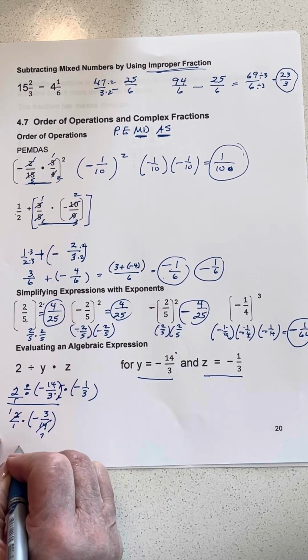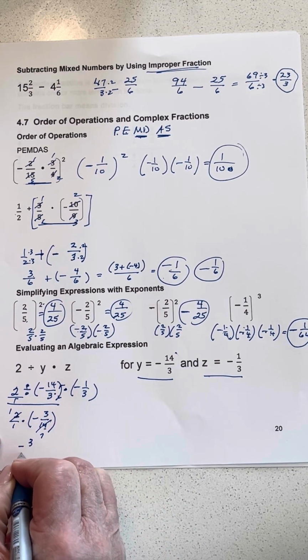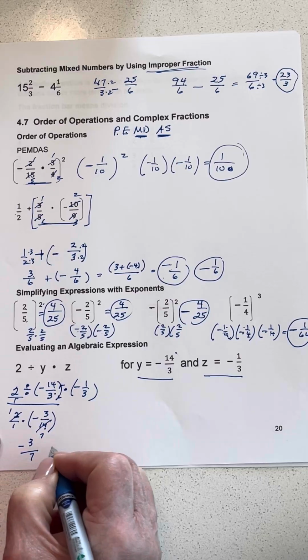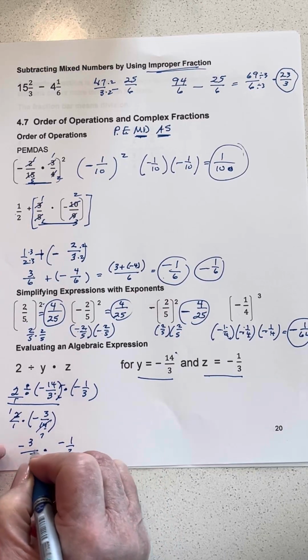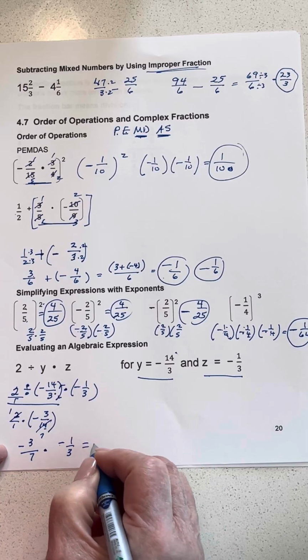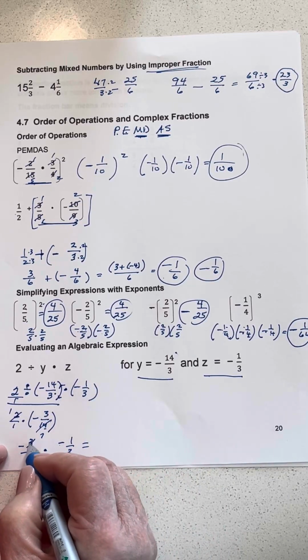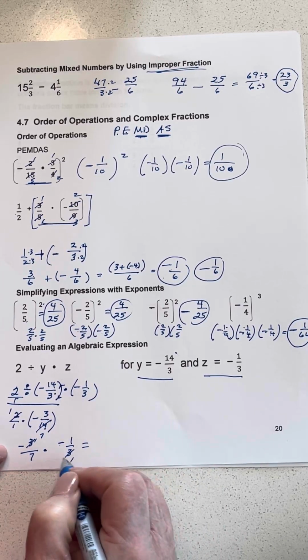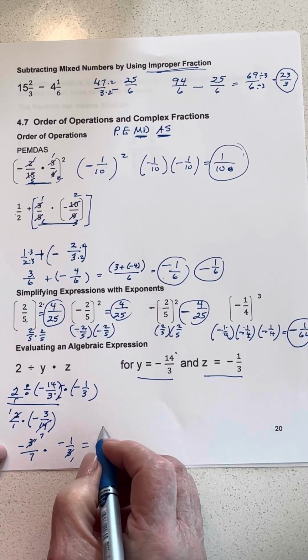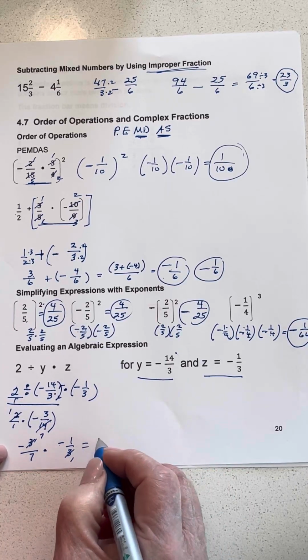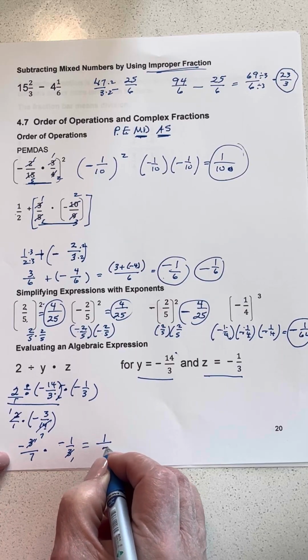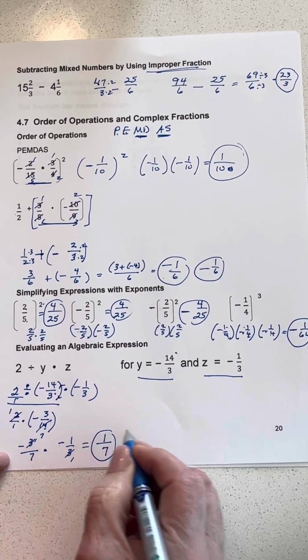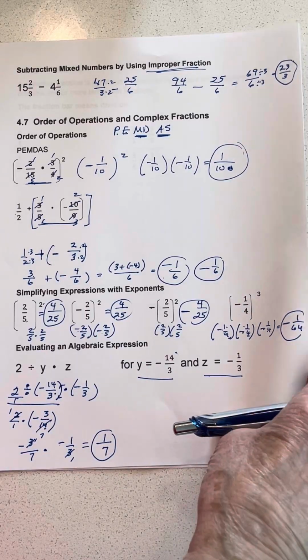So I end up with negative 3 over 7, and I'm going to multiply that by negative 1/3. Signs are the same, so it's going to be positive. And now I can cancel. I can divide that 3 and that 3 by 3. And I end up with 1 times 1 is 1. 1 times 7 is 7. Positive 1/7.